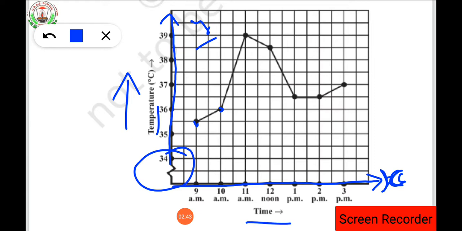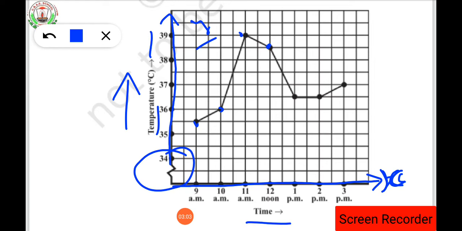Then at 11 a.m. the temperature is 39. Then at 12 noon the temperature goes between 38 and 39. So this one is called a line graph.